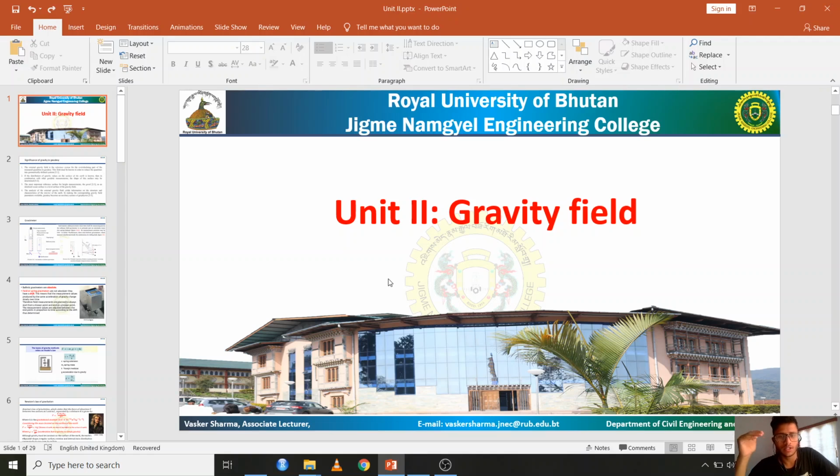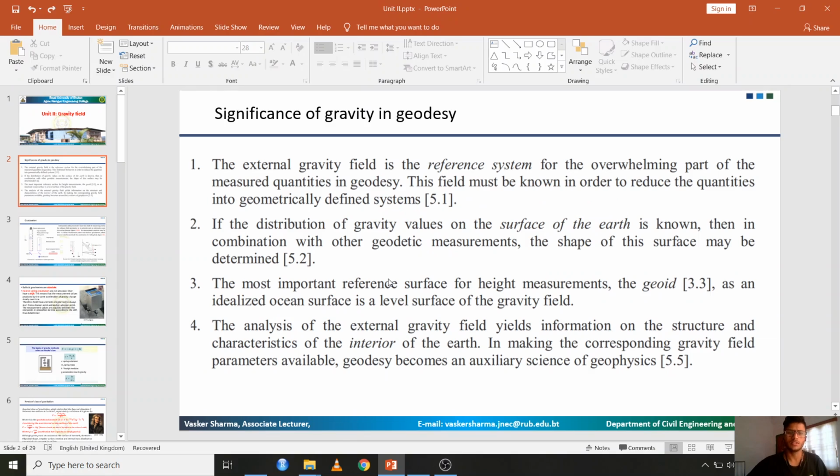So gravity fields are used in these fields. Here we will see how gravity is important in the field of geodesy and how geodesy relies on this gravity field. So let's see how it is significant to geodesy.